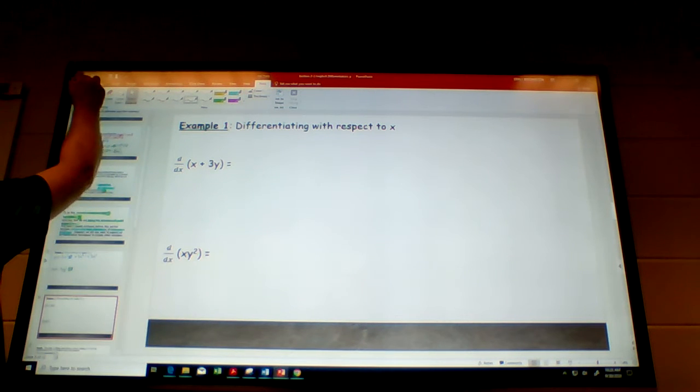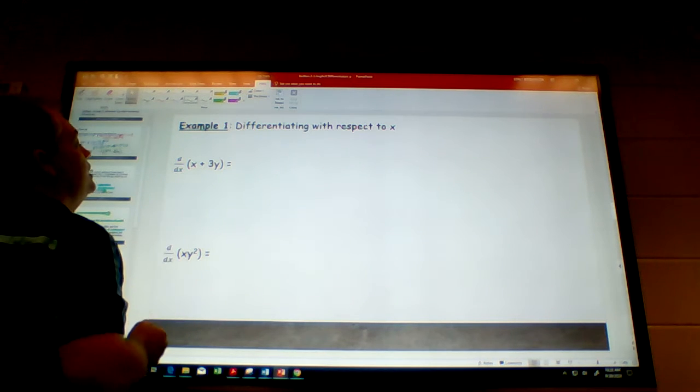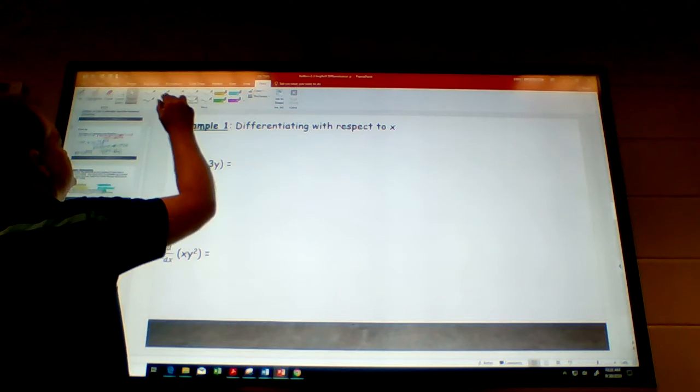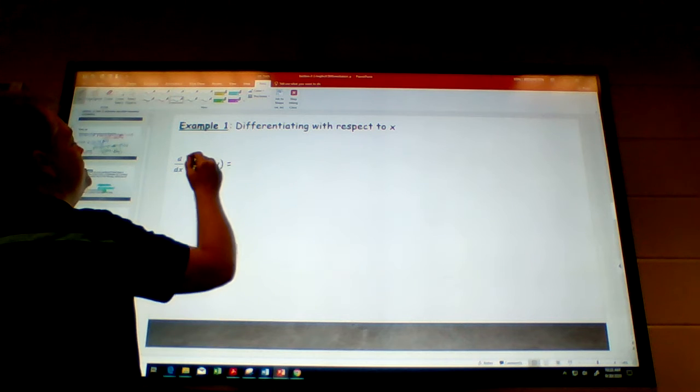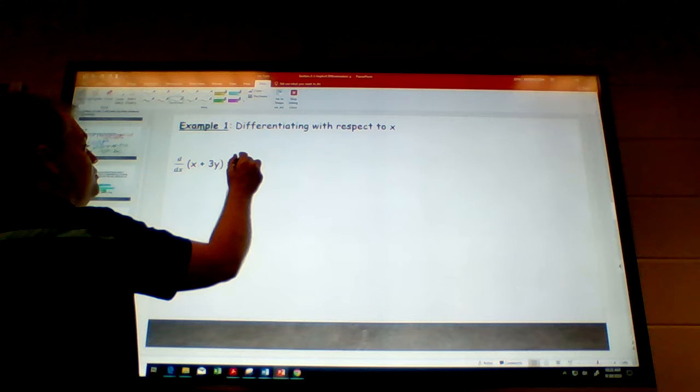Let's go just a little bit more into it. Okay, the following: d/dx of the derivative in terms of x plus 3y. So let's do each term one at a time.